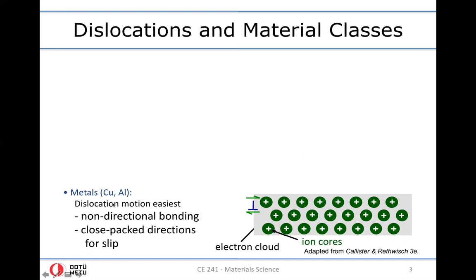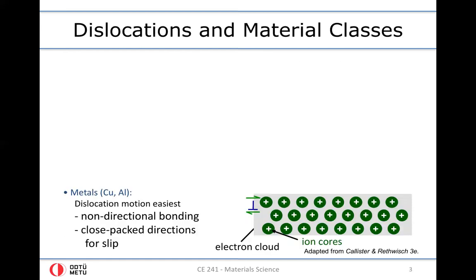So since this bonding is non-directional, and since the motion of the dislocations is based on the hopping of atoms from one place to another one, like stepping towards right or left, it is easier in metallic materials that these atoms can hop by replacing another atom's position in the directions that are close packed. In other words, for atoms, it is easier to move in the directions where the density is higher.